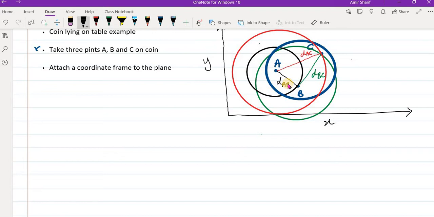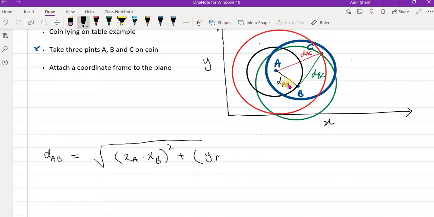We can say that DAB is equal to the square root of XA minus XB square plus YA minus YB square.